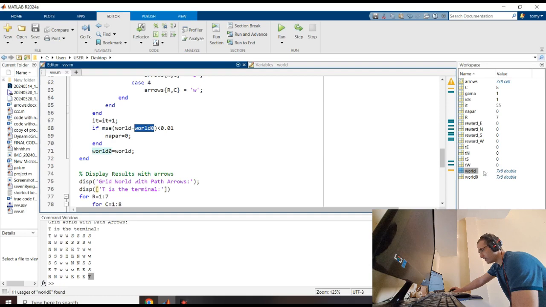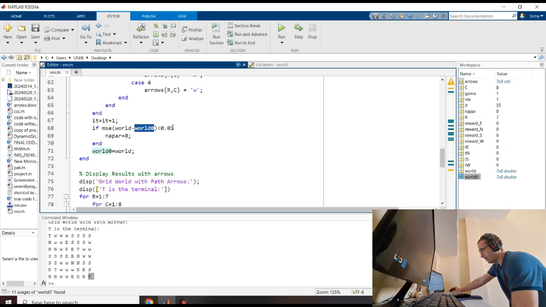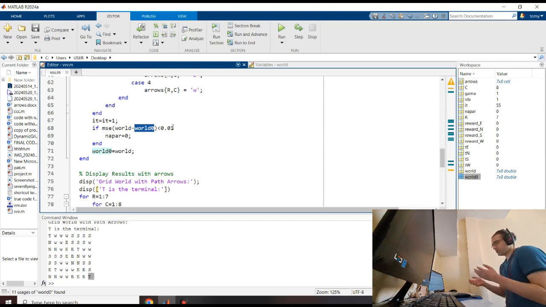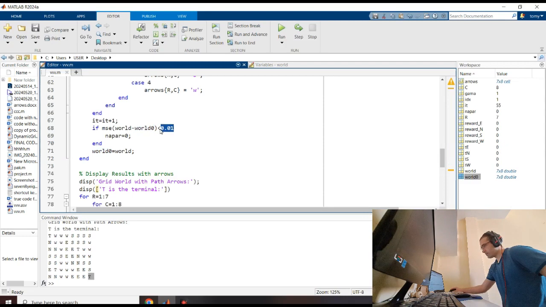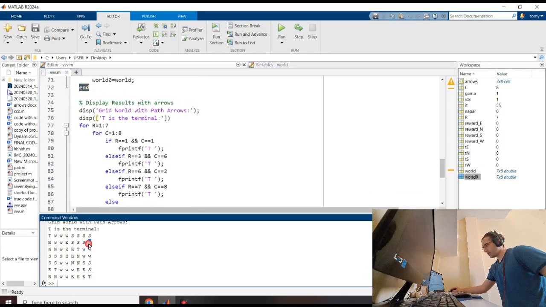If these two matrices, which we have here, the difference of them is less than this, so the condition is equal to 0, and the while loop is going to be finished, and world 0 is equal to world. This is the end of the code, but here is some extra code for making these symbols.